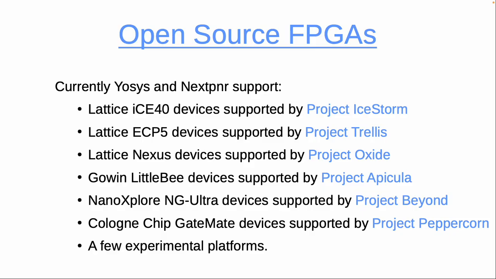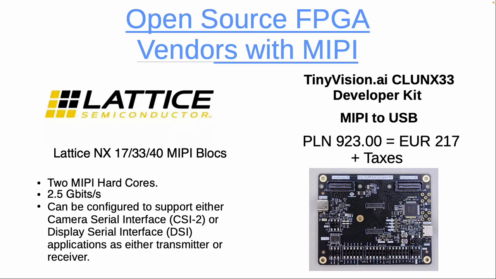The ones that are perhaps most interesting are the Lattice chips, because they have a 2.5 gigabit per second MIPI interface. So the Lattice 17 and 40 have this interface, so recommended. There's also Lattice 33, which is closed source, and then you have to use the vendor supplied tools.